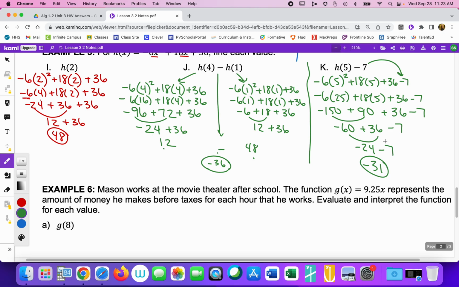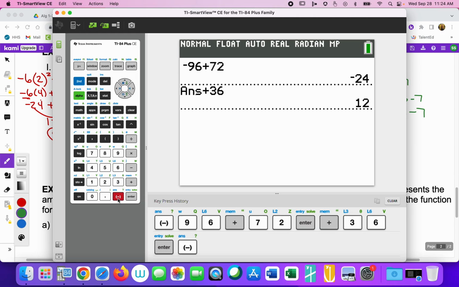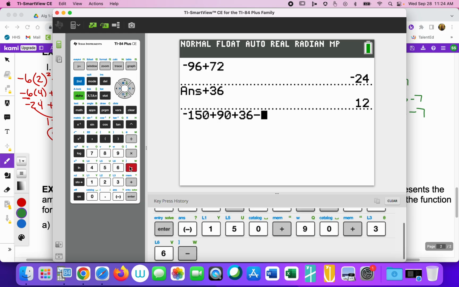Yes. So like I can't do negative 150 plus 90 plus 36 in my calculator. I have to show all the steps. If all you have left is addition and subtraction, so for that last one, yes, if you would like to go negative 150 plus 90 plus 36 minus 7, this calculator will do it from left to right.